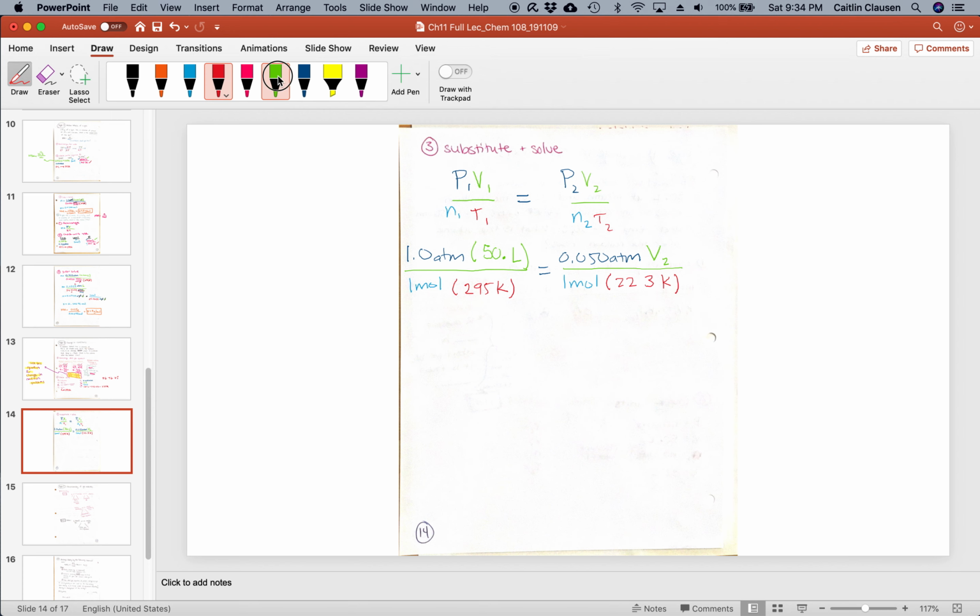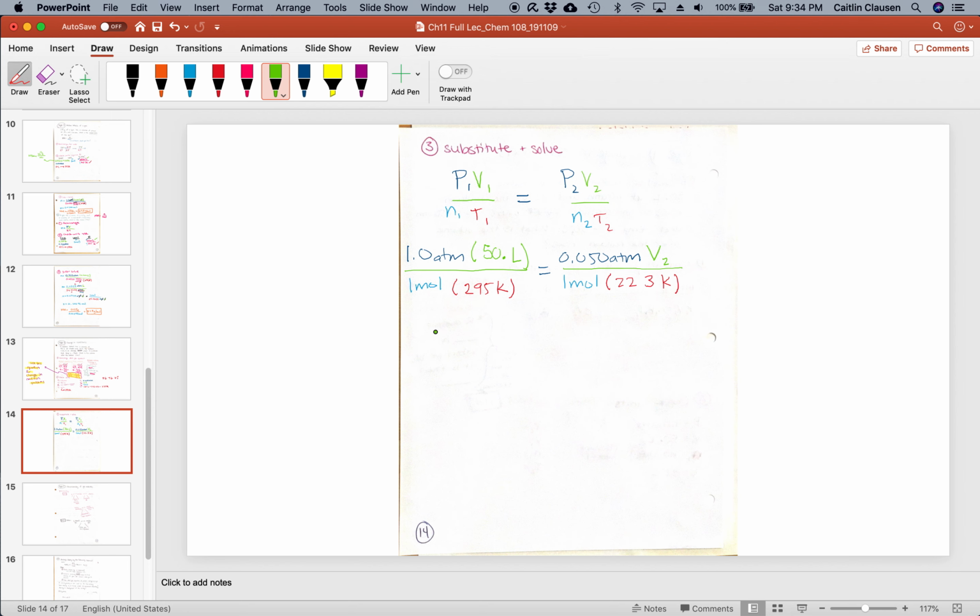Now let's do some maths. I'm going to do the math on each side. So I'm going to do 50 divided by 295 Kelvin.